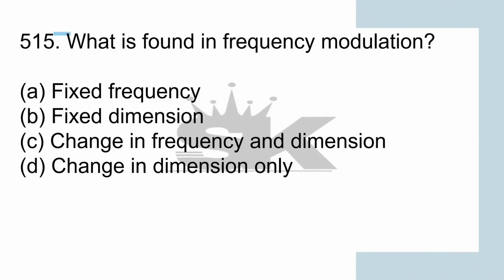What is found in frequency modulation? That is fixed frequency. Okay, the fixed frequency is used in frequency modulation. Okay, in telecommunications and signal processing, frequency modulation is the encoding of information in a carrier wave by varying the instantaneous frequency of the wave.